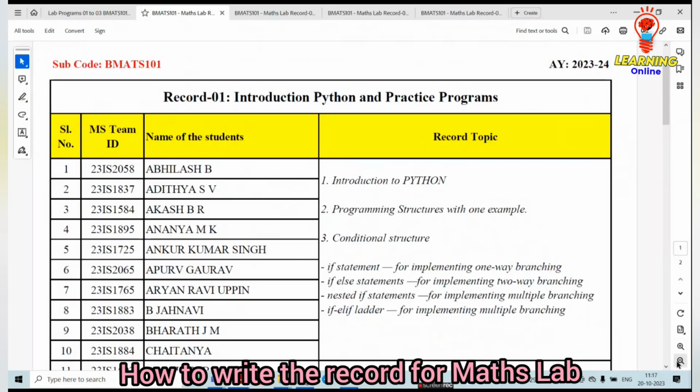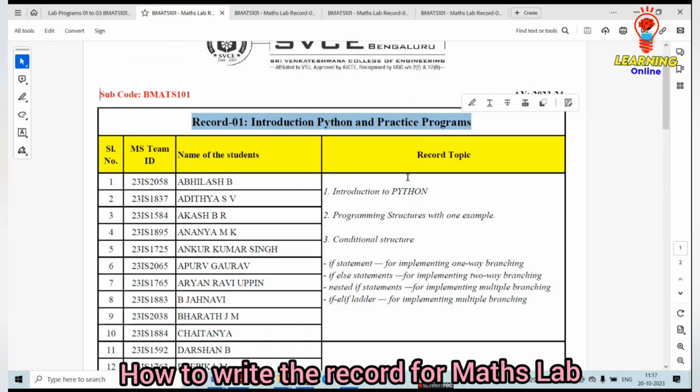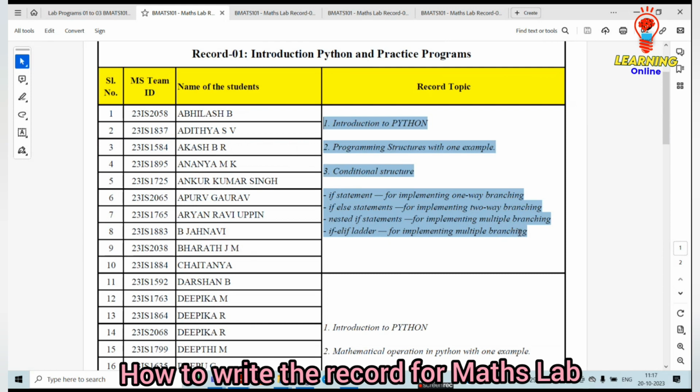That is record 1, whatever the introduction and the practice programs. I allocated the topics you need to write for each particular set of people. It is not necessary to write all the practice code you executed, because you have already written that in the observation. That is more than enough.